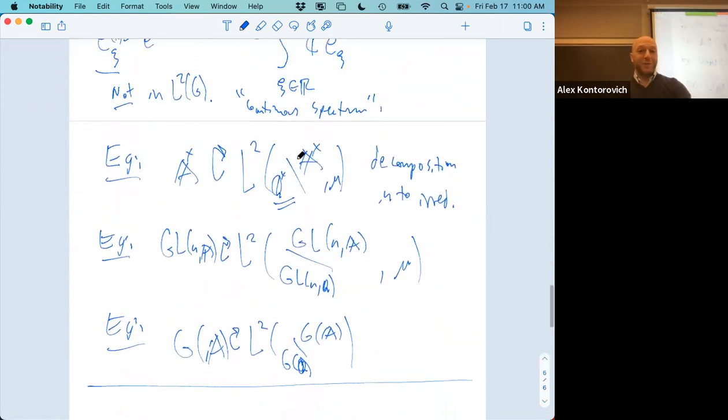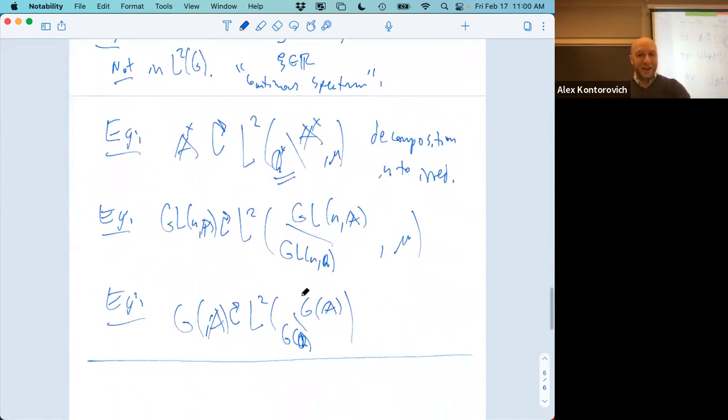This G of A is just a group. So I want to understand L2 of G of A. Somehow it has too many representations in it. In the case of, let's say, GL2(R), just to make things a little simpler, we've known all of the irreducible representations of SL2(R) for 70 years.